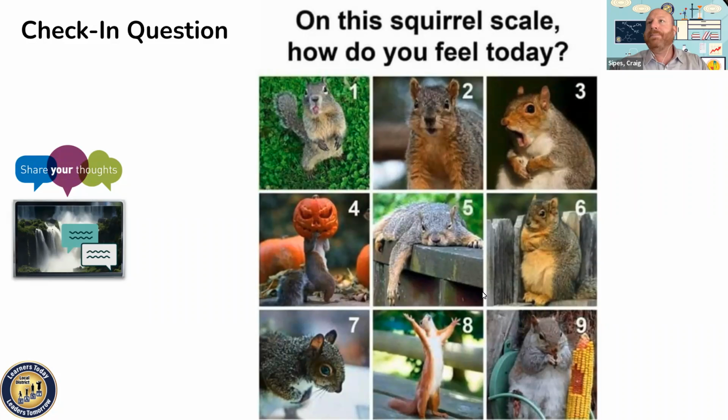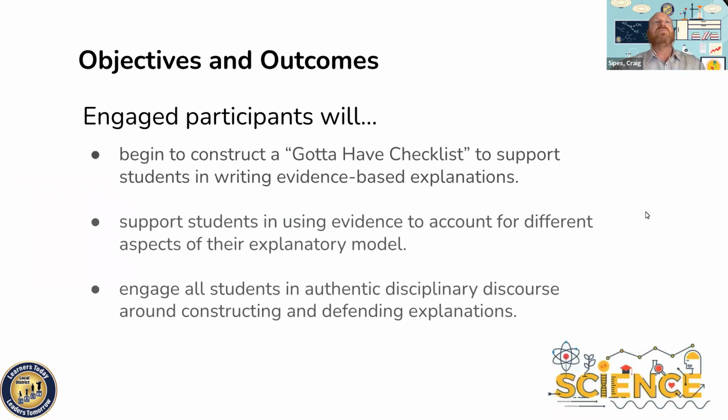As we're going through today, we want to think about these engaged participant outcomes. We're going to think about how we might co-construct checklists with students to support them in writing evidence-based explanations. This whole topic, by the way, is pressing students for evidence-based explanations.